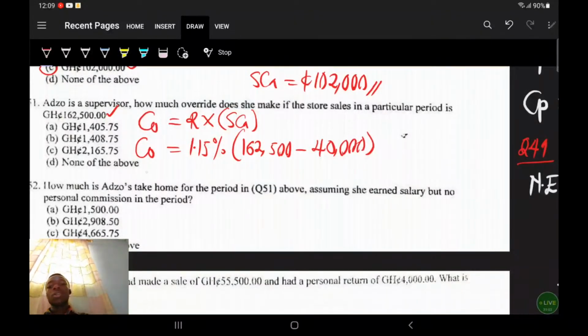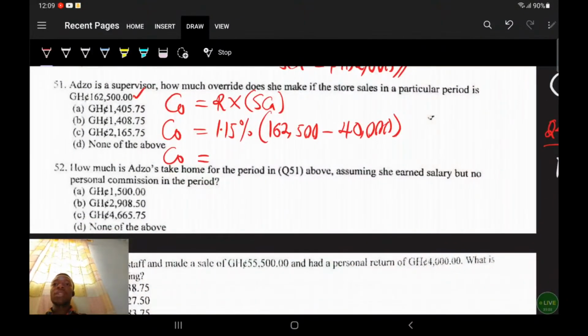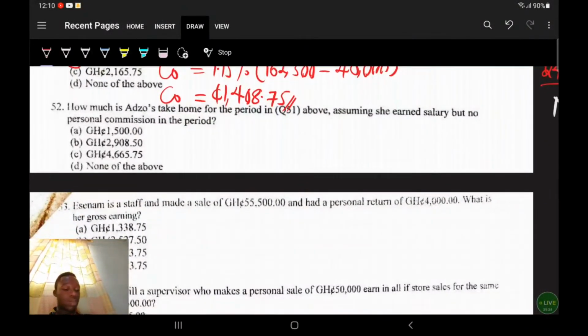I hope that is clear. Per my calculator, I got 1,408.75 for question 51. So that's going to be option B. Let's take note of that. If there's any question, please let me know before I continue.